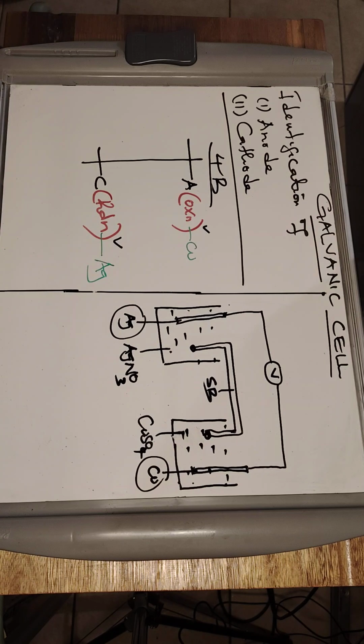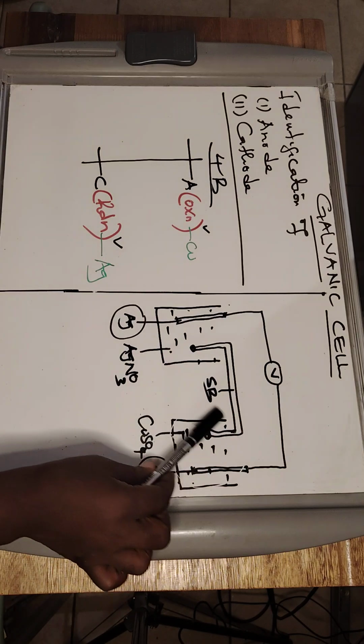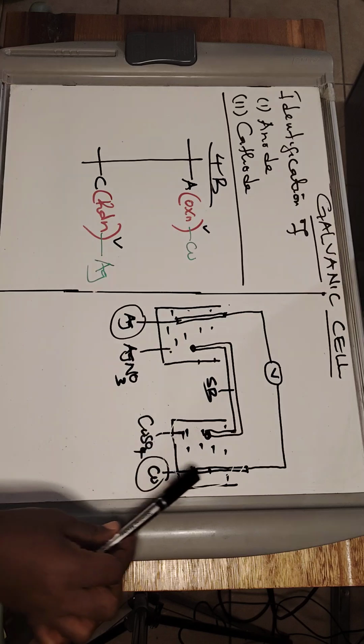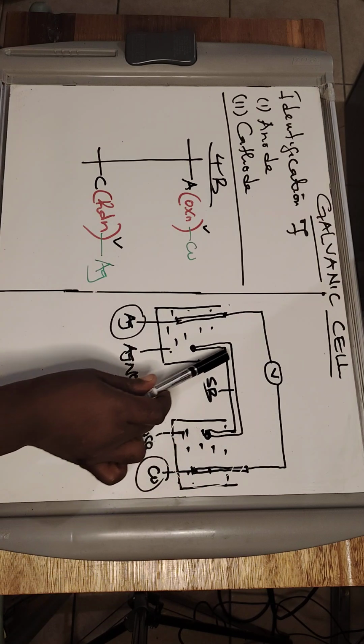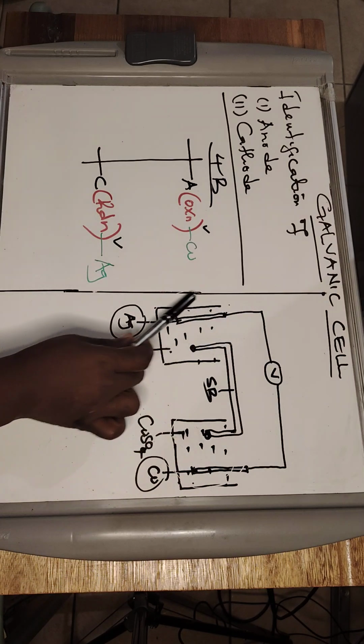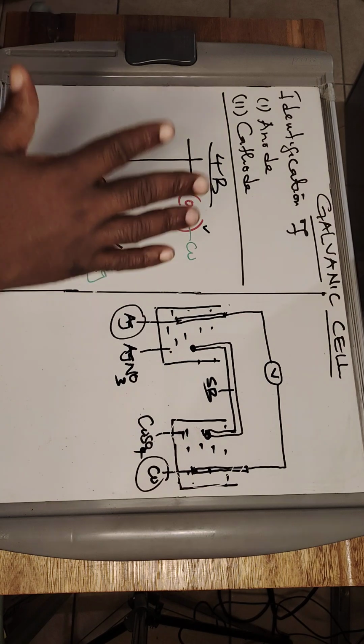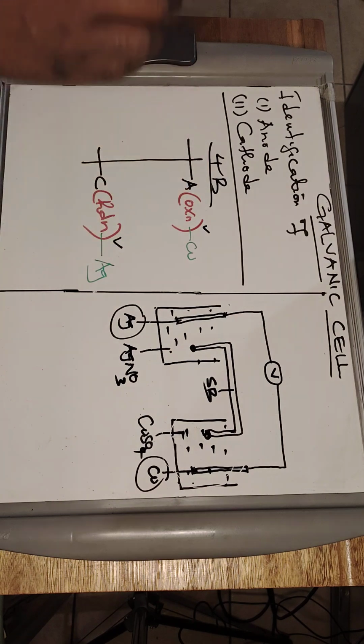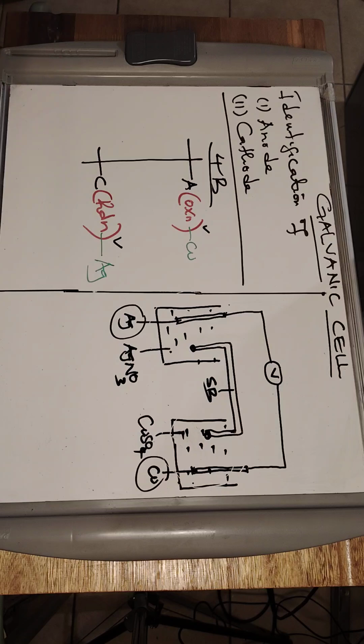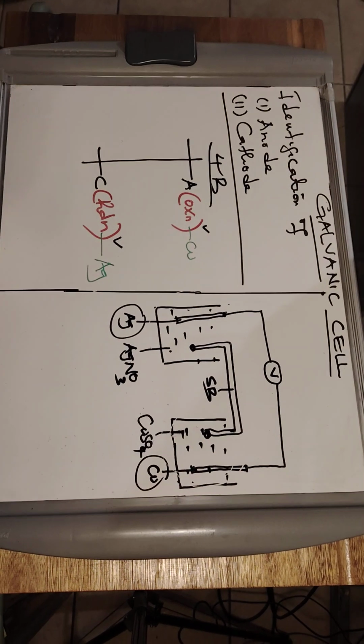So in other words, the copper half cell, this side, is the anode, and the silver half cell, this side, is the cathode. That is one way of identifying the anode and cathode.